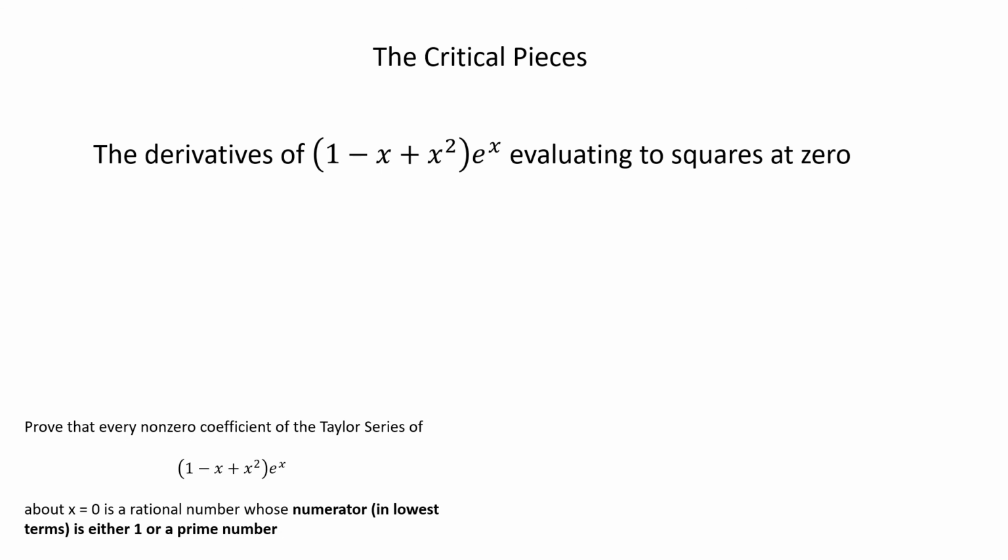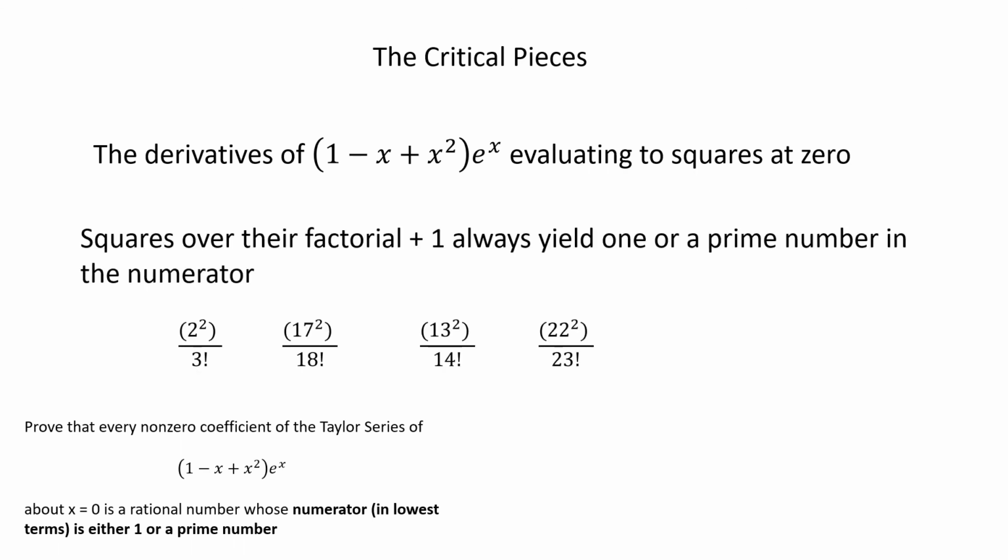Now, since I know the last couple slides are probably overwhelming, let's simplify this down to two critical pieces. The first critical piece is that the derivatives of 1 minus x plus x squared, e to the x, evaluate to squares at 0. So this is the pattern within the numerator that allows for this generalization. And we know that this simplifies in the Taylor series and Maclaurin series.